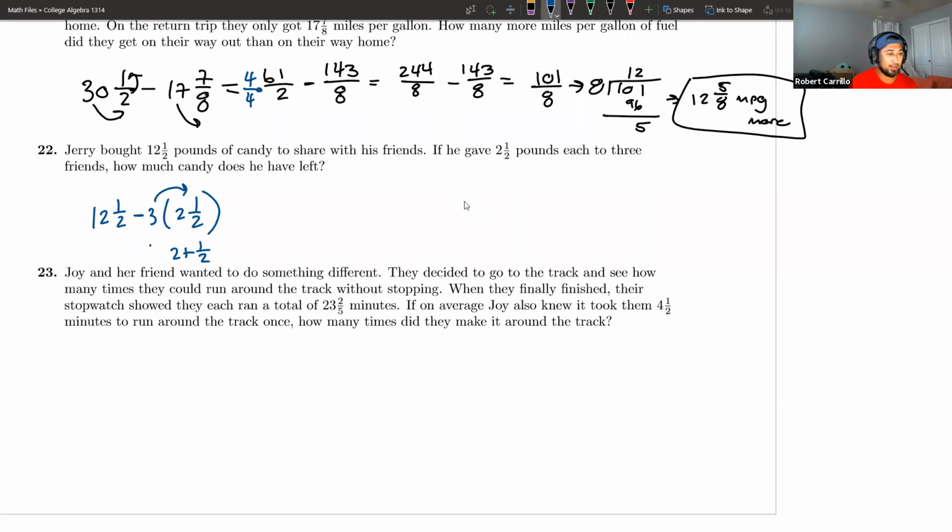Okay, so this means I would have 3 times 2 plus 1/2. So the 12 and 1/2 would stay the same. And then we would have minus, and if we distributed this, 3 times 2 is 6, and 3 times 1/2 is 3/2. So actually, this may make it more complicated because can we actually subtract these 2 fractions?